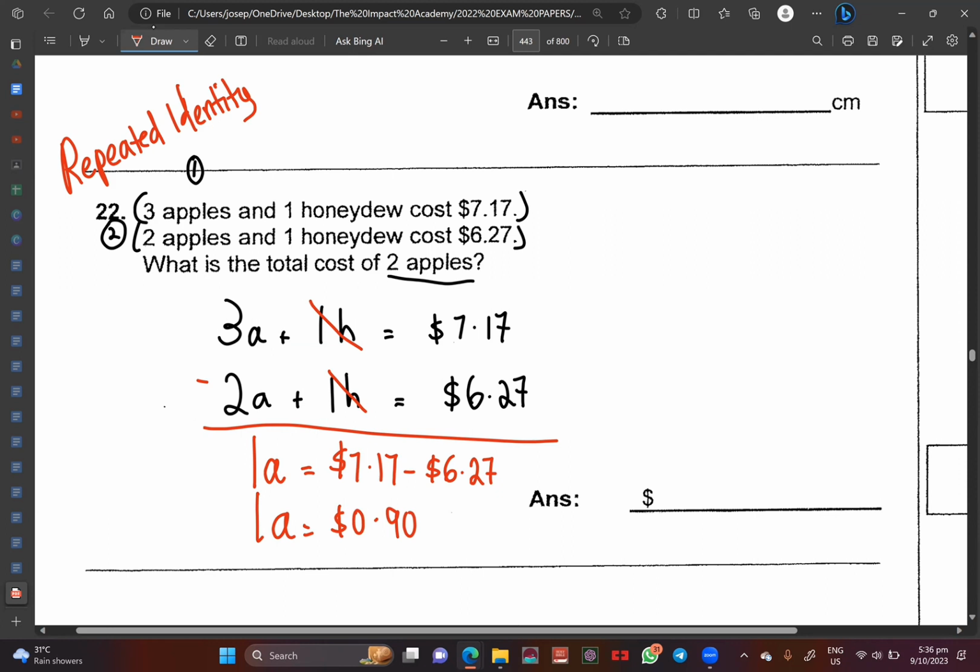Agree or disagree? Okay. Now, but is the question asking for 1 apple? No, 2 apples. So 90 times 2. Make sense? Yeah. All right. Therefore, we get to $1.80. And this is my answer for this question.